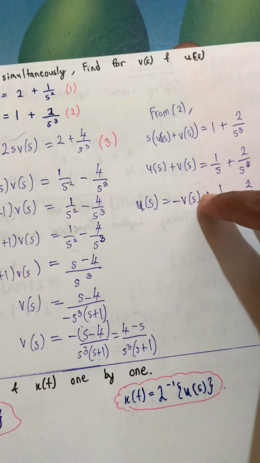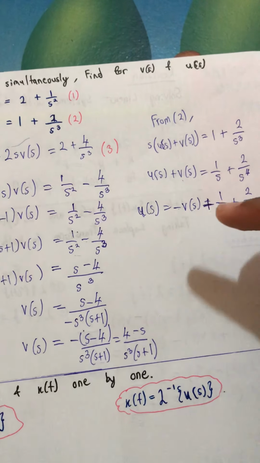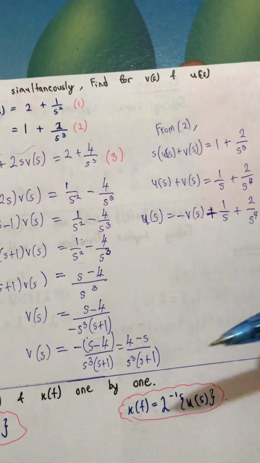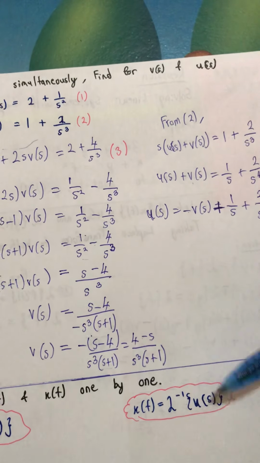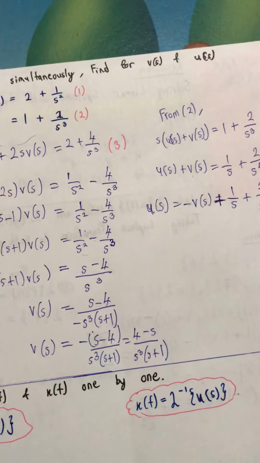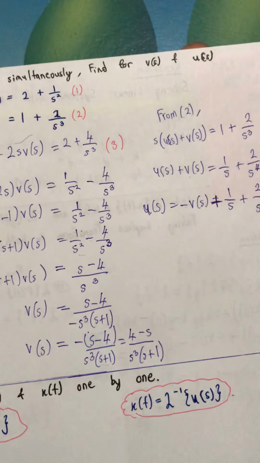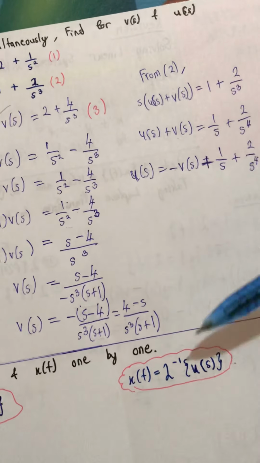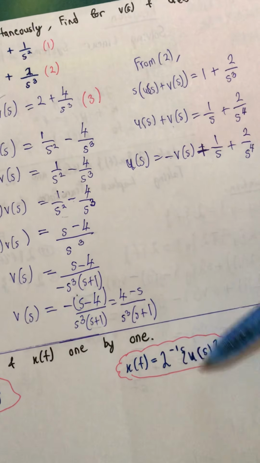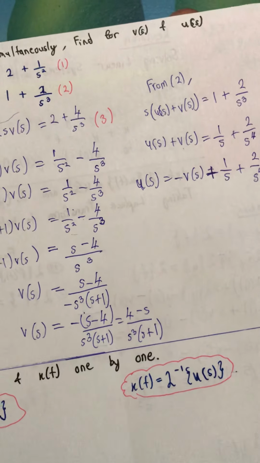You can decide whether you want to substitute the vs first before doing the inverse Laplace transform, or you can substitute the vs later after you are done with the Laplace transform.